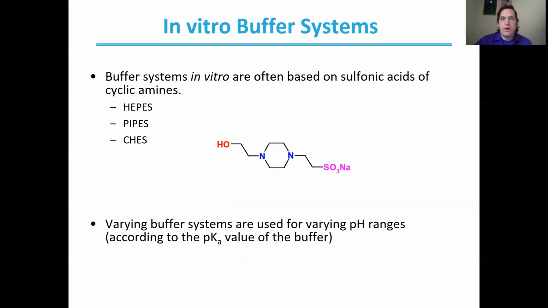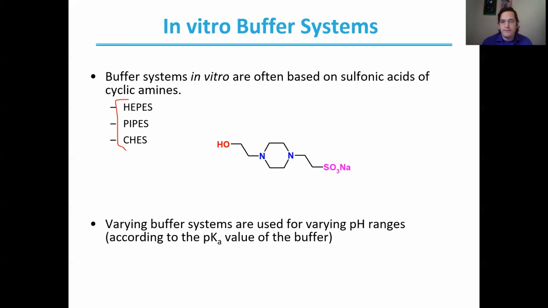So we tend to use a wide range of different buffer systems to help prevent those pH changes. In biological labs, we tend to use a variety of different sulfonic acid-based buffer systems. These are generally referred to by different abbreviations: HEPES, PIPES, and CHES.